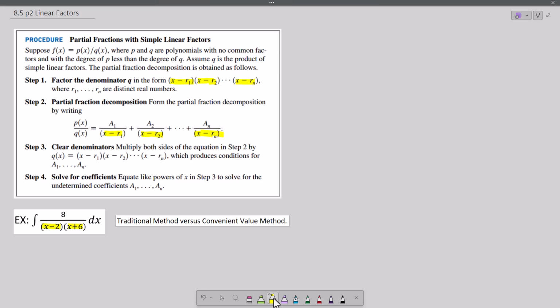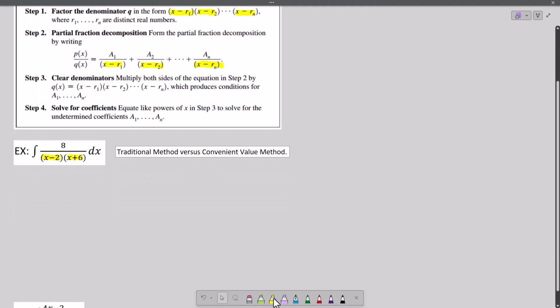So if the denominator factors into these non-repeating linear factors, the PFD is going to be a constant over each one of those linear factors added together. That's what that says.